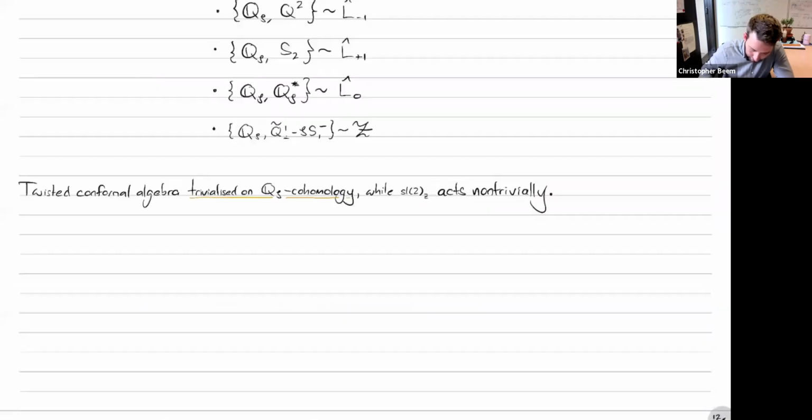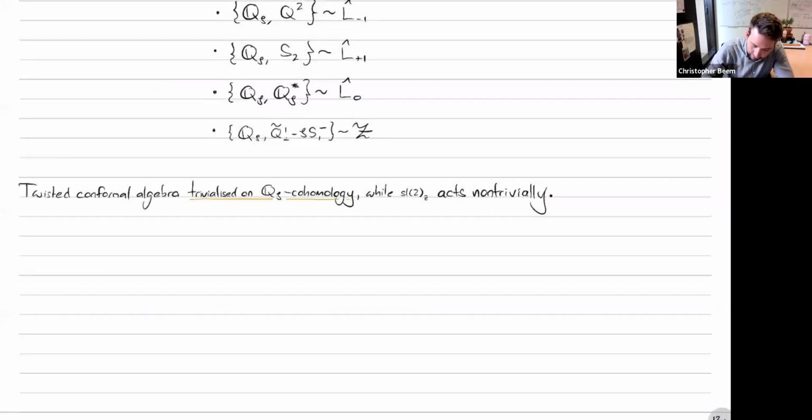Scrolling back up, the twisted L0 operator was the commutator of Q, this funny Q, with its adjoint. So imposing that L hat 0 is equal to 0 is exactly my harmonic representative condition that I said I'd like to use in general to characterize my Q cohomology classes.